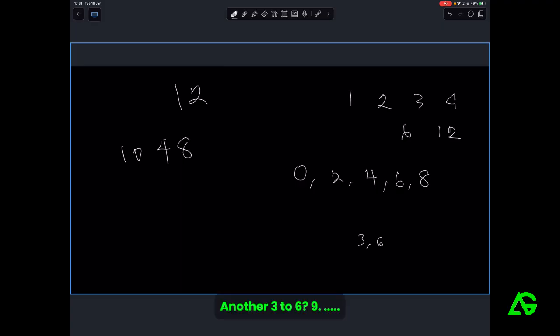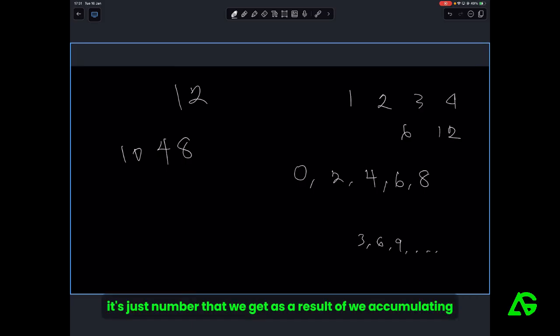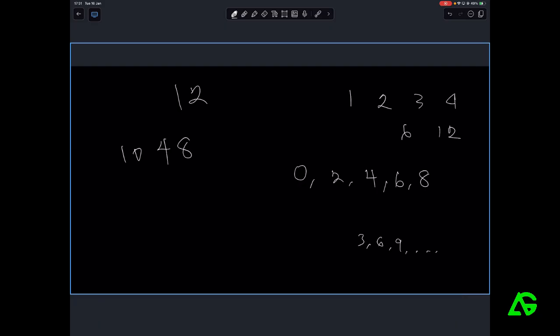Another 3 to 6, 9, and so on. You are forming a sequence like this, which is the multiples of 3, because these are numbers that 3 can divide. Or we can say it's the number we get as a result of accumulating 3 to itself. Do we get that? That is what multiples are.